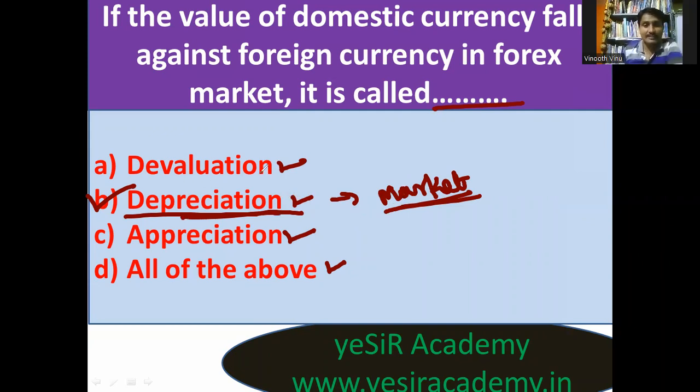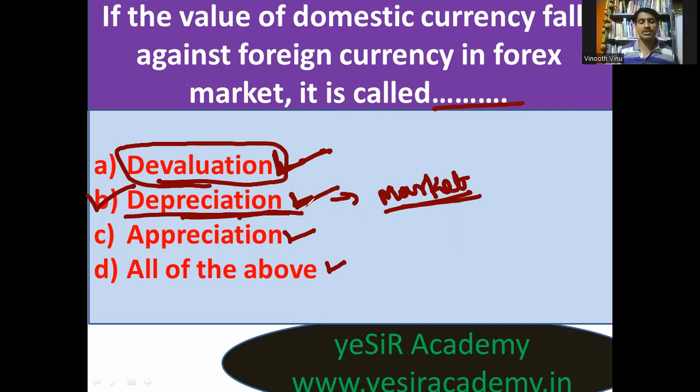If the same value of domestic currency is intentionally reduced by any government authority, then it is called devaluation. There is also a reduction in value here, but government action is important. That is devaluation. If it is the action of market forces, that is depreciation.